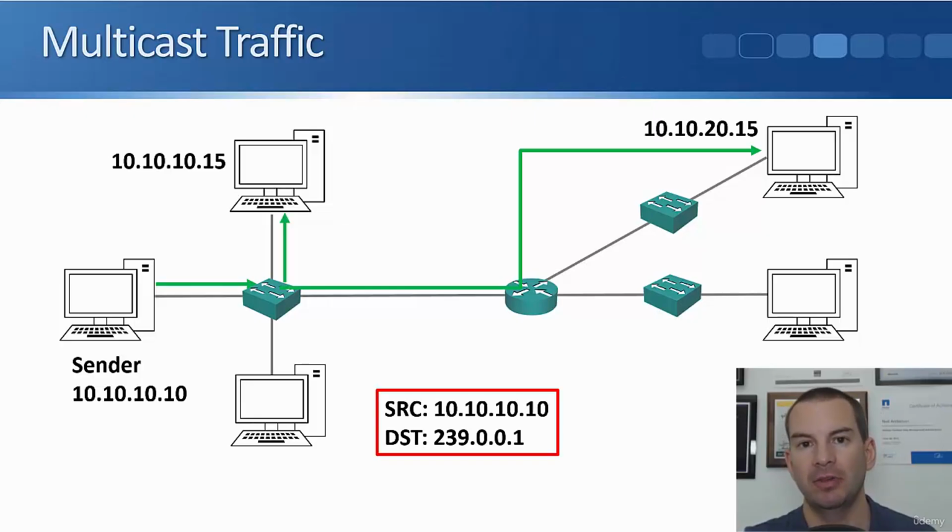Now, a good analogy of this is you can think of it like tuning into a radio station. So on hosts 10.10.10.15 and 10.10.20.15, they ran an application on there that said they wanted to receive the stream for 239.0.0.1. Now, as long as you've configured support for this on your routers, that traffic will get forwarded to all of the hosts that are interested in receiving it.